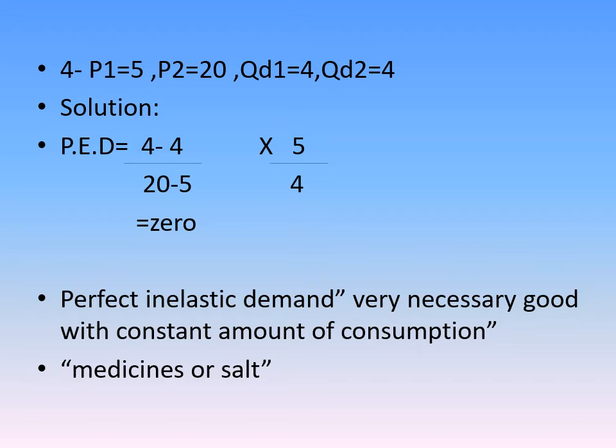And then again a refreshment: please look back at the previous lectures on price elasticity of demand. What does the curve look like? It is vertical, okay? Vertical means there is no change in QD.